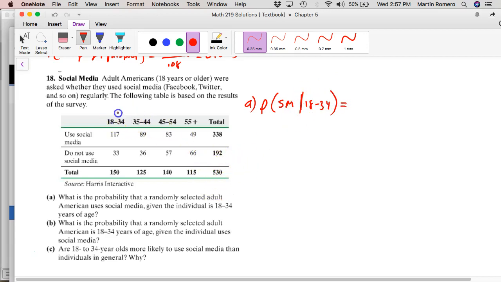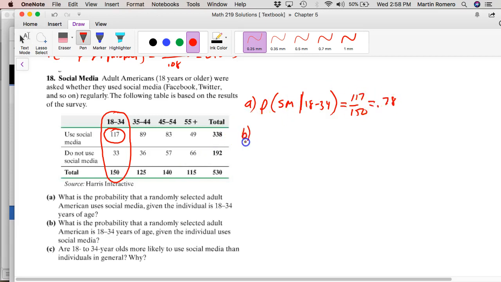I only care about this total population. So my answer is, what's the probability someone uses social media? There's 117 out of 150. And so that would be the answer we're looking for there. And that should be 0.78.